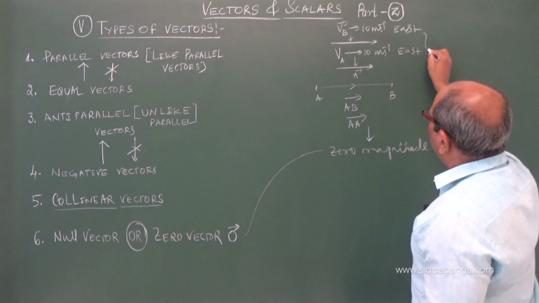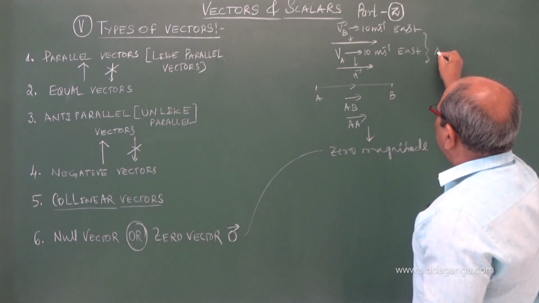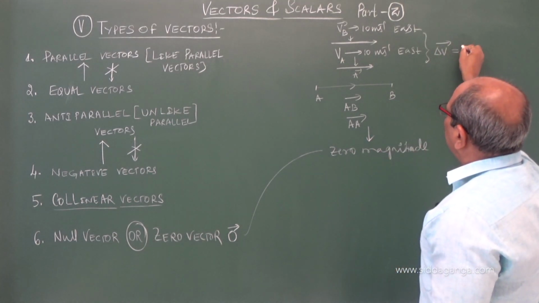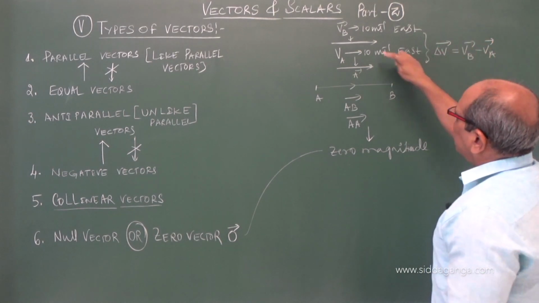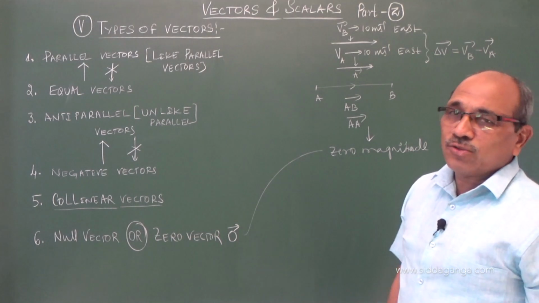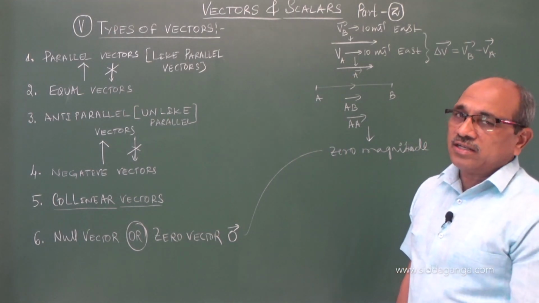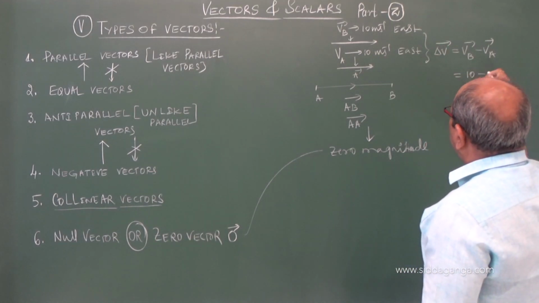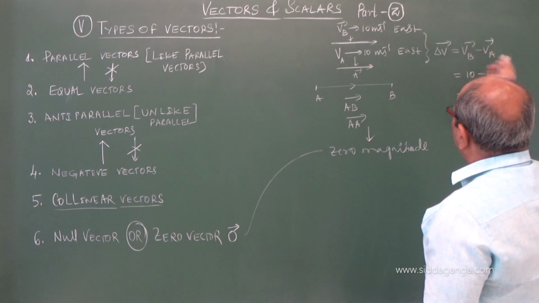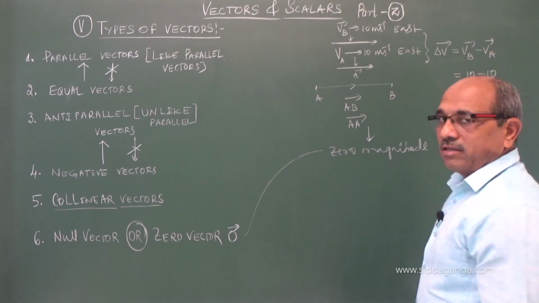Most important, what is the difference in velocity between them? If I want a vector delta V, I have to subtract VB minus VA. They are acting in the same line. I told you, if the two vectors are acting in the same line, then we can consider it as a scalar. Then I can subtract 10 minus 10. The relative velocity between them is 0 meter per second.